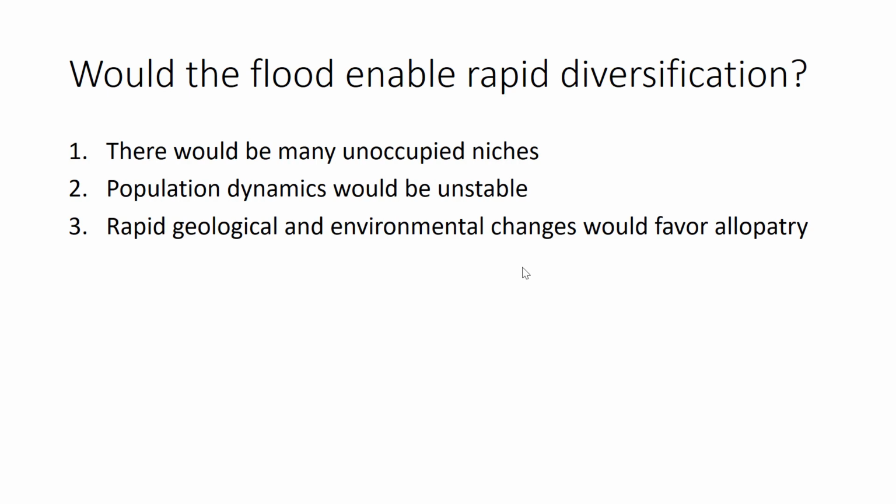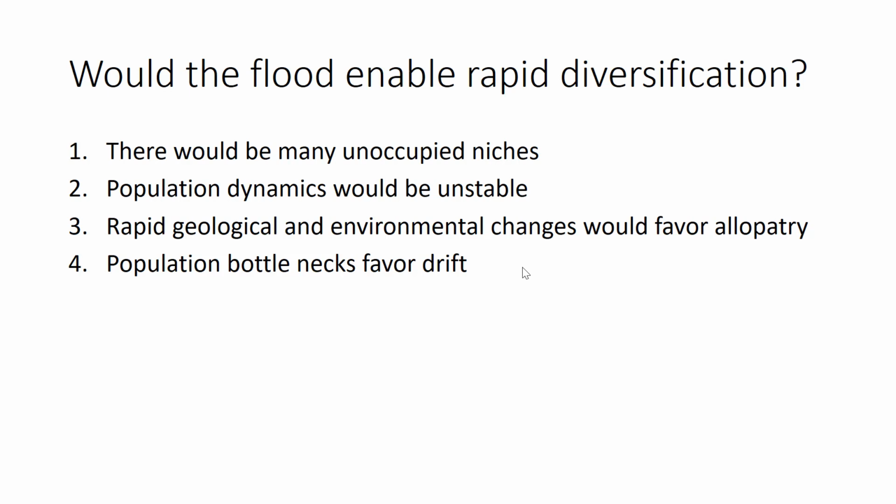Rapid geological and environmental changes would favor allopatry, and allopatry is speciation in separated populations. So rapid geological and environmental changes would probably favor geographical isolation. And then finally, population bottlenecks.